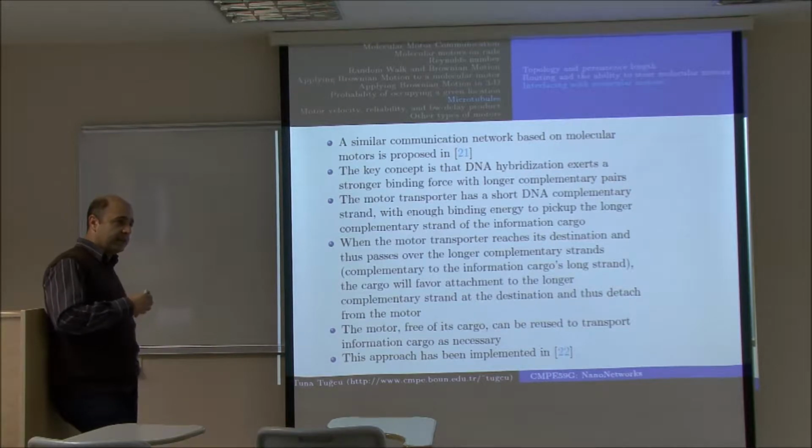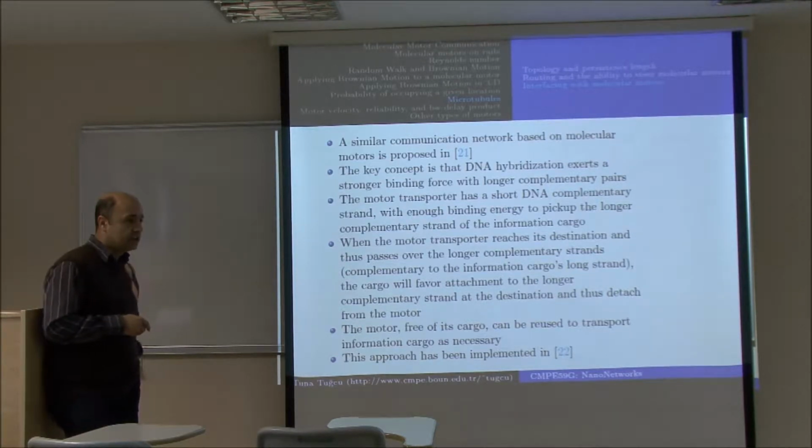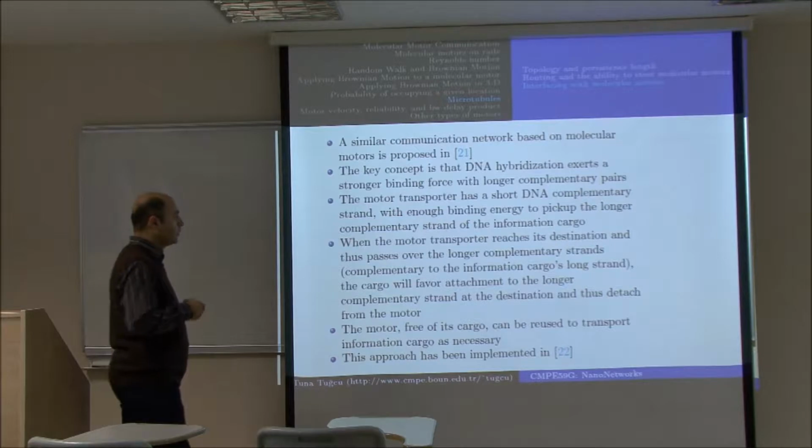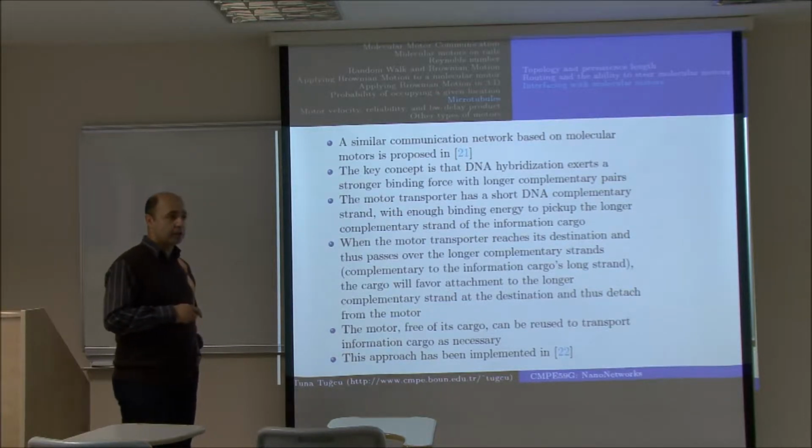So as the length of the pairs increases, the attractive force between these strands will be stronger. Now you try to benefit from this as follows. You have the motor transporter with a short DNA complementary strand and with enough binding energy to pick up the longer complementary strand of the information cargo.